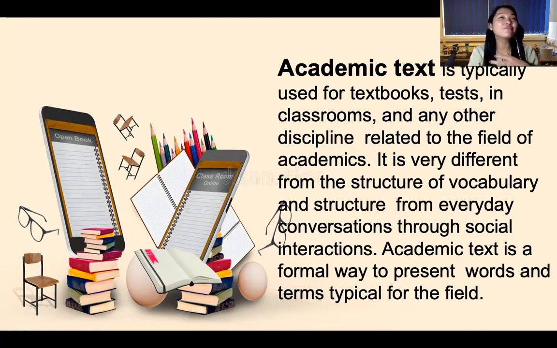Academic text is a formal way to present words and terms typical for the field. Okay? So academic text class, when you have a book and you open your book and you see some text there and you see the type of language that is being used, therefore, that book is an academic text. Why? Because the language that's used here is suitable for the academe. Okay?